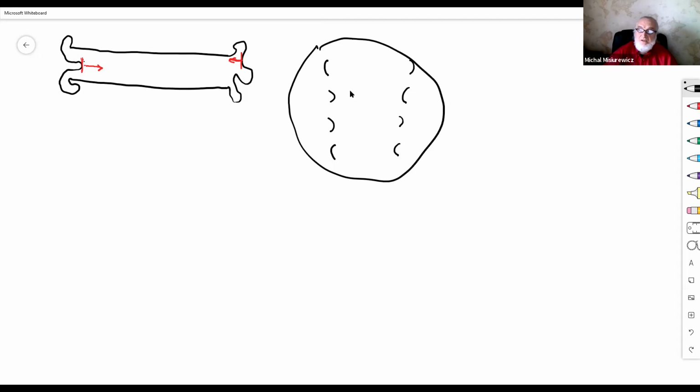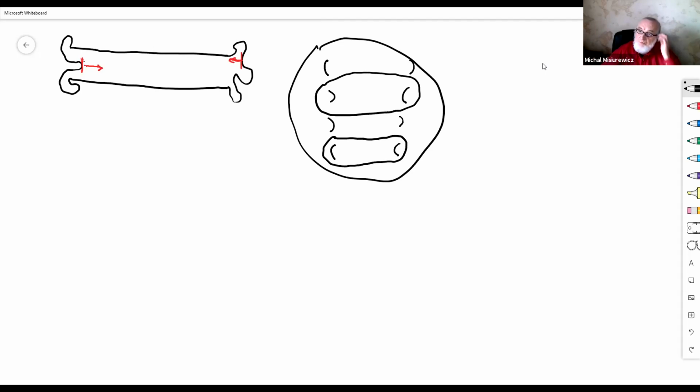Because definitely in this case, you cannot use the longest curve. Maybe you could choose the shortest, but in this case, no shortest, no longest.